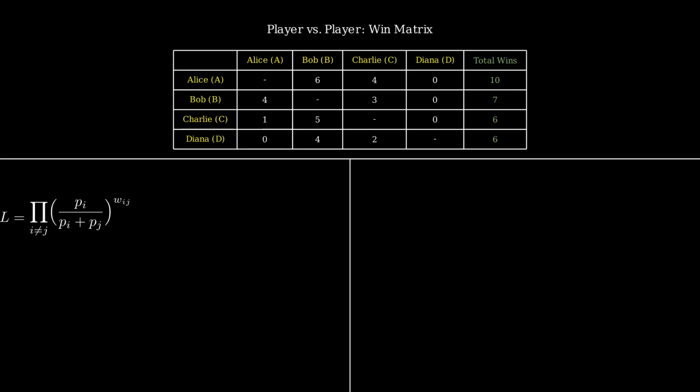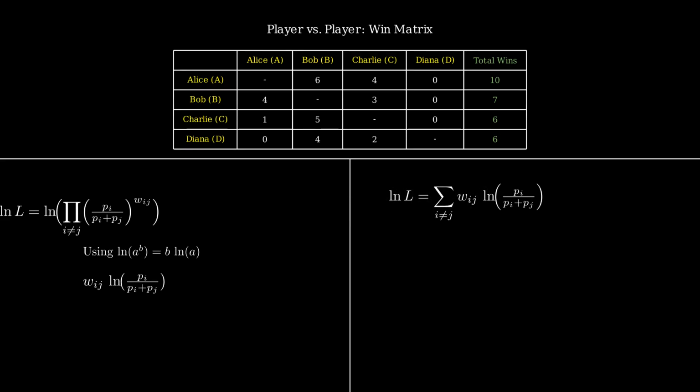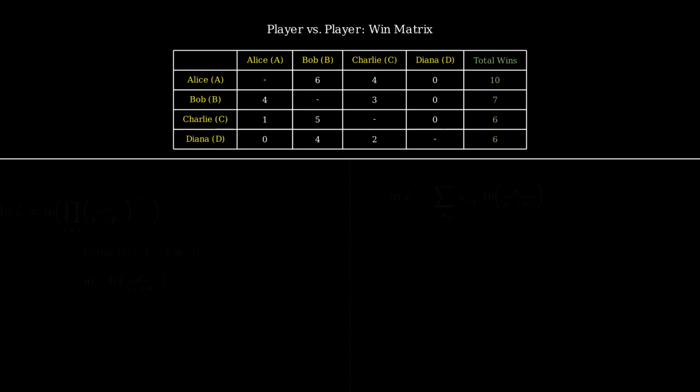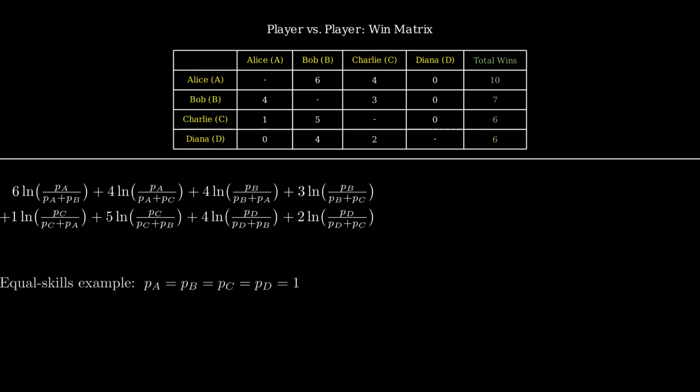To convert from multiplication to addition, we can use the properties of logarithms. So we'll take the natural log of both sides. And here we have it expanded. As you can see, the multiplication turns into addition. Now let's go back to our example where we assume everyone is of equal strength.